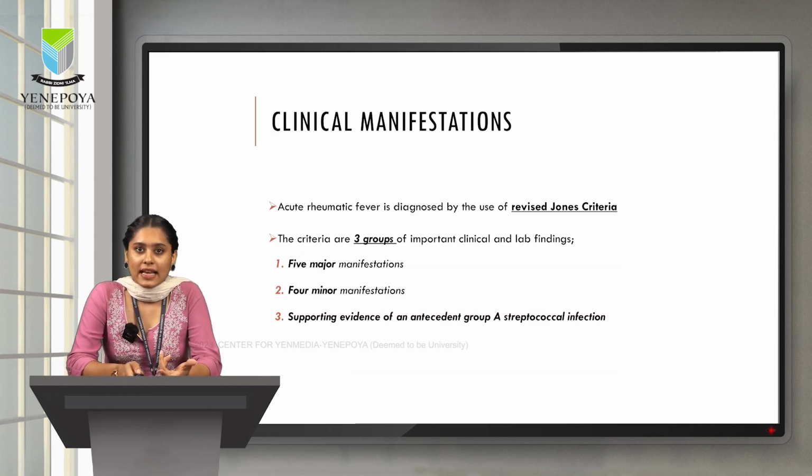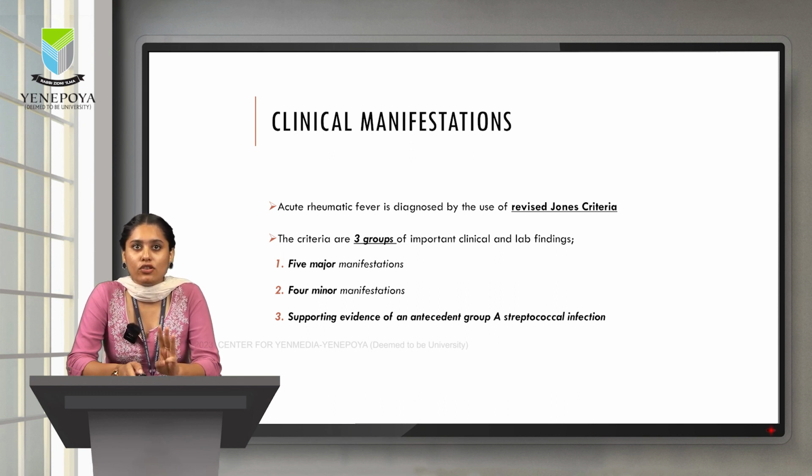So what are the signs we can see in the patients? First thing you have to remember while seeing rheumatic fever is that there is something called the Jones criteria, which is very important to diagnose acute rheumatic fever in a patient. So what does this Jones criteria include? Very important to rule out the acute rheumatic condition.